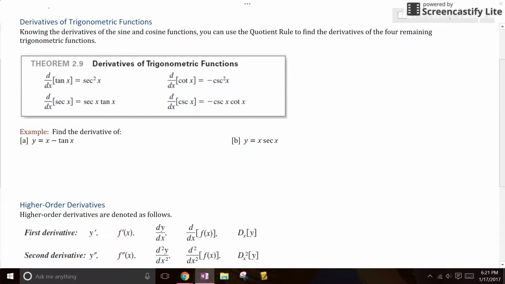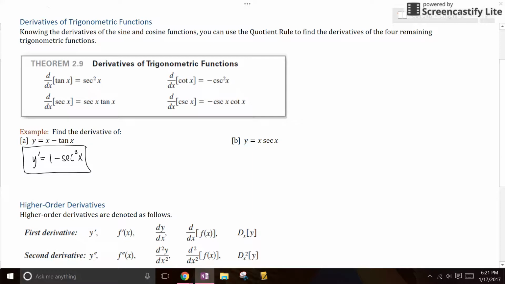I want you to find the derivative of x minus tan x. Simple enough. The derivative of x minus tan x is a sum identity, or in this case, a difference identity. Take the derivative of x, which is 1, and of tangent, which we know is secant squared, and you have found the derivative.